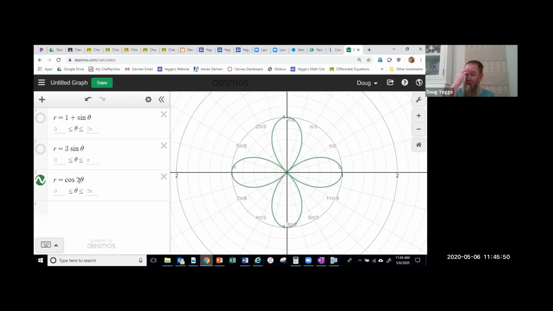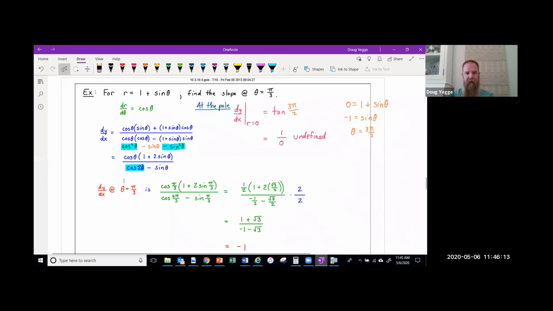But there's got to be a way to still integrate involving polar curves so that we can still find areas. So before we continue, keep that graph in mind for a minute, and let's head back to here.